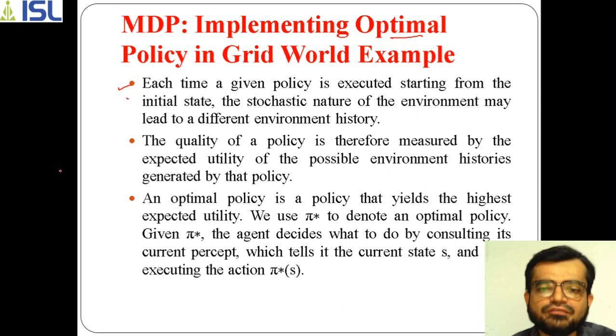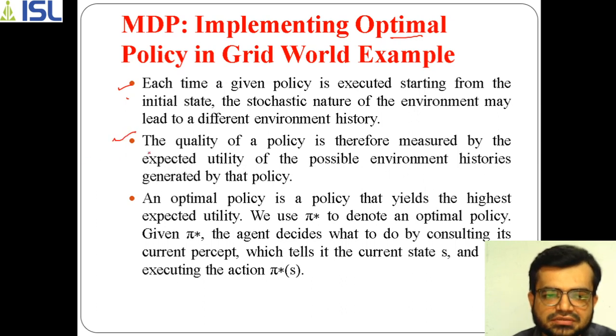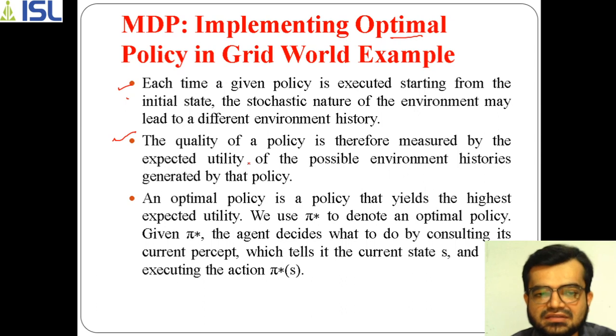The quality of a policy is therefore measured by how well the agent performs the actions as it changes from one state to another. It is measured by the expected utility. Utility means how well it can perform in order to increase the performance of the agent.